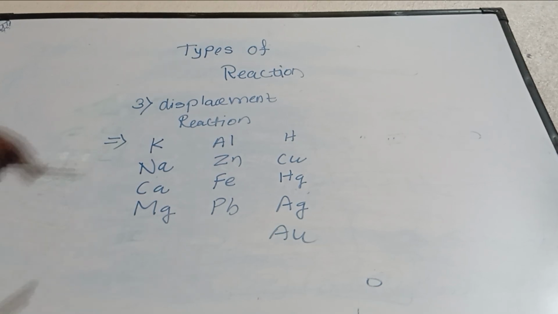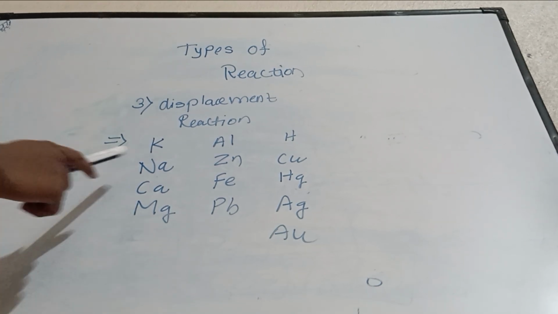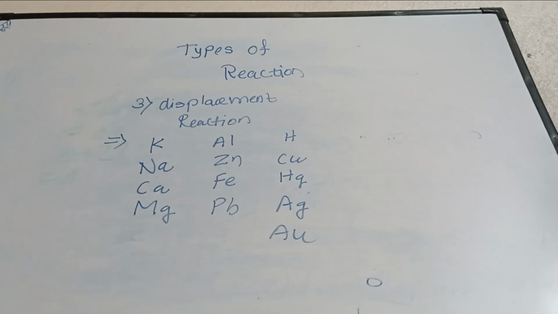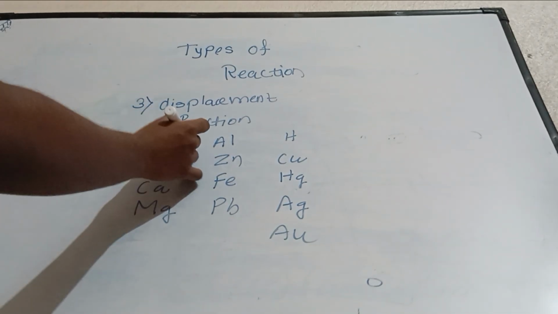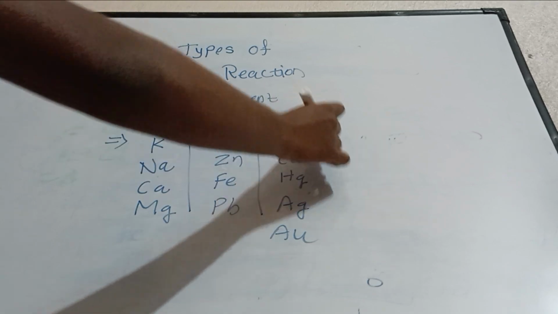K is potassium, Na is sodium, Ca is calcium, Mg is magnesium, Al is aluminium, Zn is zinc, Fe is iron, Pb is lead, H is hydrogen, Cu is copper, Hg is mercury, Ag is silver, Au is gold.